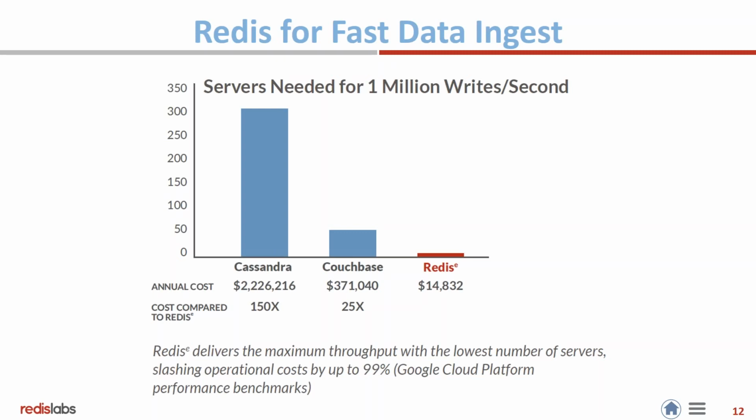And that's our story. So Redis is extremely fast, it's lightweight, and it performs millions of writes per second with very low, sub-millisecond latency, and most of all with the fewest resources.